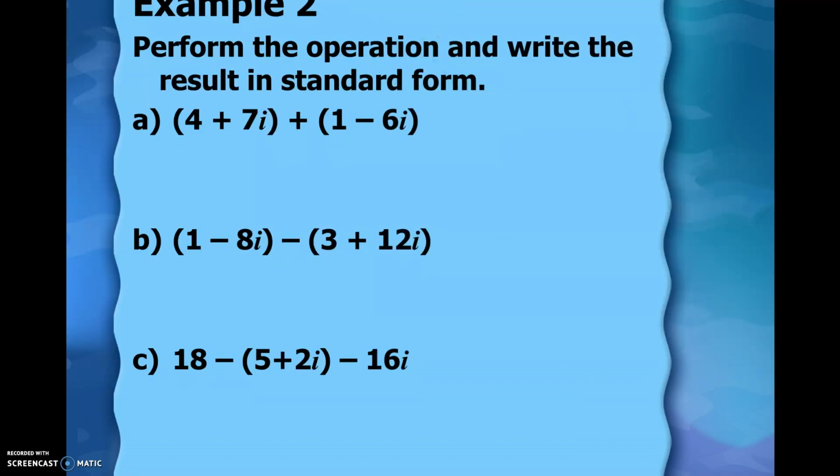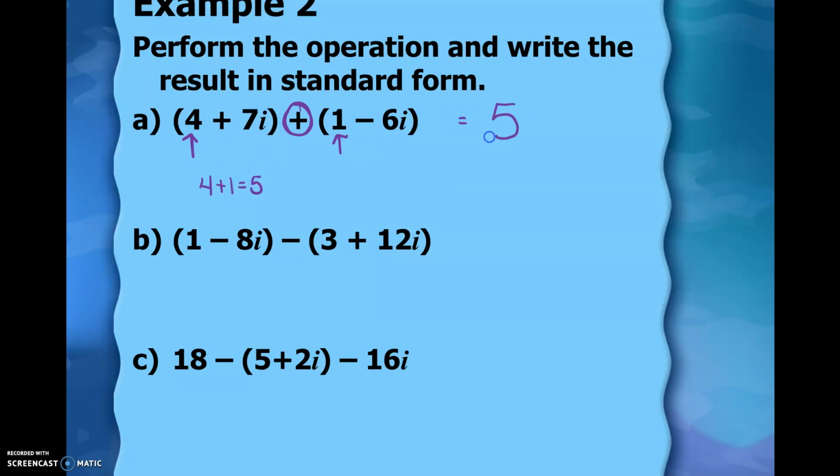All right, example 2. Perform the operation and write the result. This is adding and subtracting with complex numbers. Basically, whatever symbol you see in the middle, just use that symbol each time. You're basically matching up like terms. What does 4 match up with in the other set of parentheses? 1. Use the plus sign. 4 plus 1 is 5.